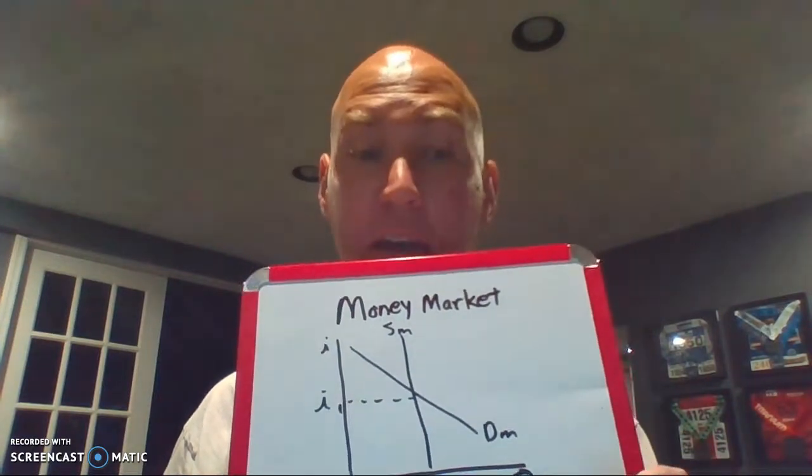Now today's graph is similar in that we're talking about the impact of actions by either the Fed or by government or individuals on the interest rates. So what we have is called the loanable funds market. Now, the basic idea of the loanable funds market, we're talking about people borrowing money, or people putting money in banks.